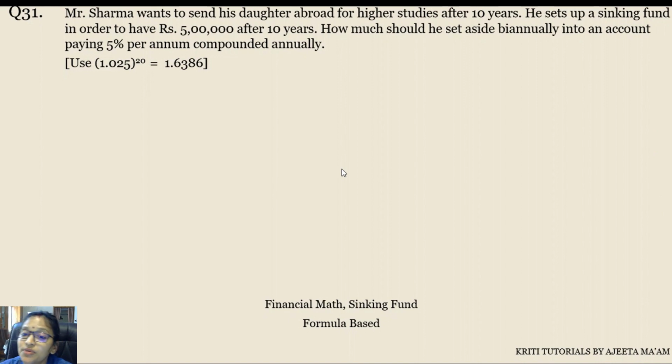Now, here, how much money does he want later on? 5 lakh, and he is going to deposit some amount. Biannually means semi-annually, that is 2 times a year. He is going to deposit some amount for 10 years so that he could get 5 lakh, and the account is going to pay him 5% interest, right?